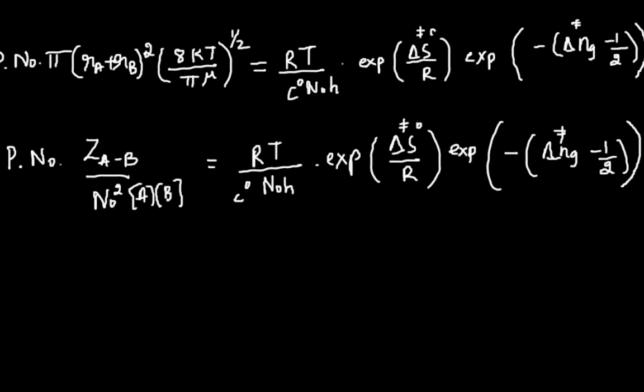Okay, so now let us compare. See, A, what was it? This was your new vibration, right? That frequency of that vibration which will result into products. So now if you compare, what is this?